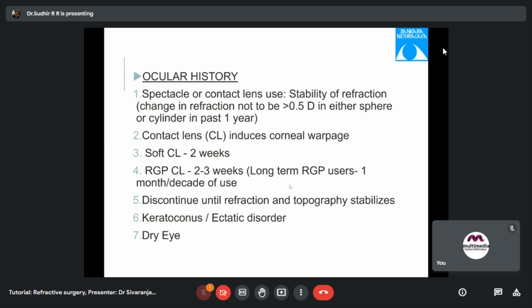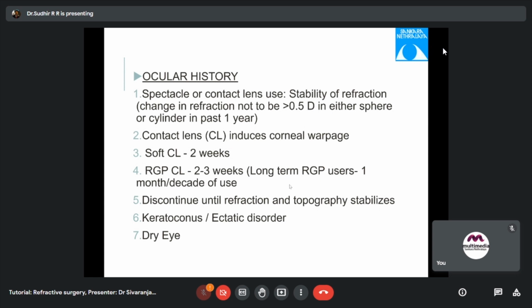Hypoxia. Hypoxia can cause some metabolic changes in the epithelium. When there are metabolic changes in the epithelium, there can be swelling in the epithelial layers, which will give you a false reading of your pachymetry values. So that's the reason why we need to discontinue contact lens also.